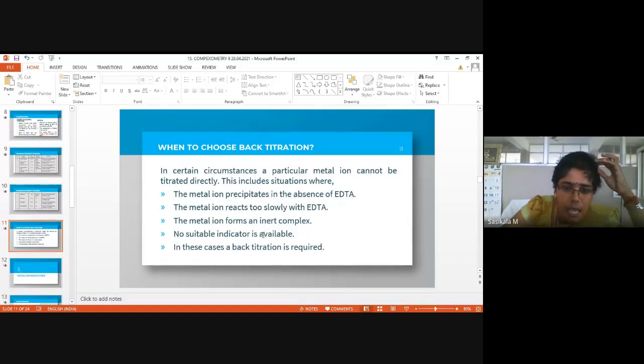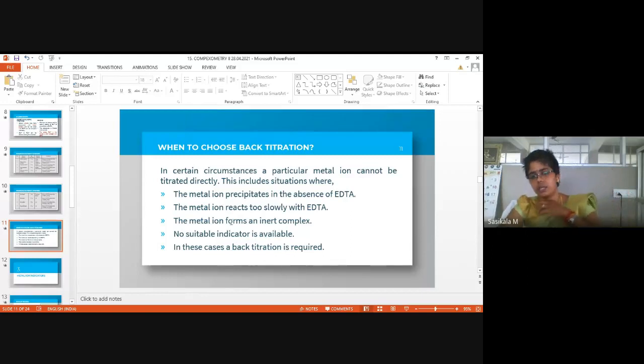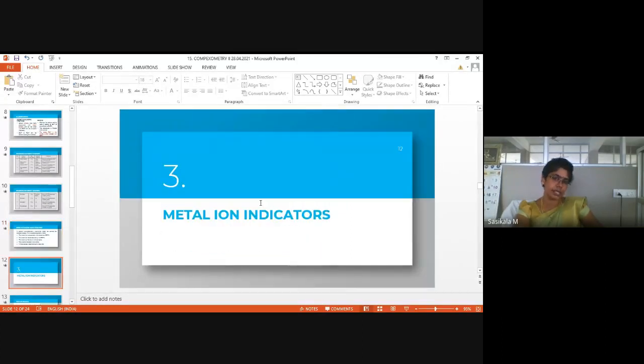In these cases, a back titration is required.